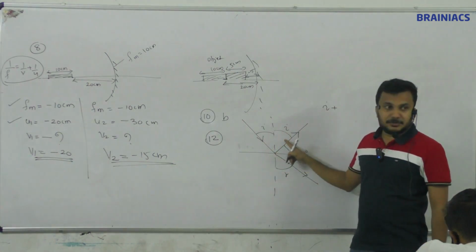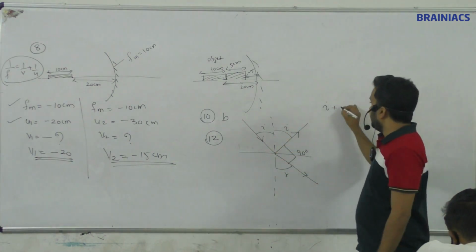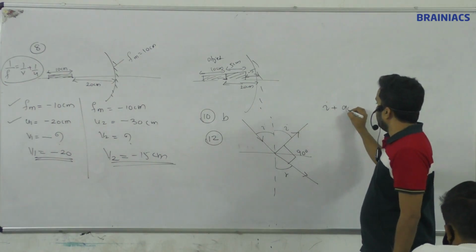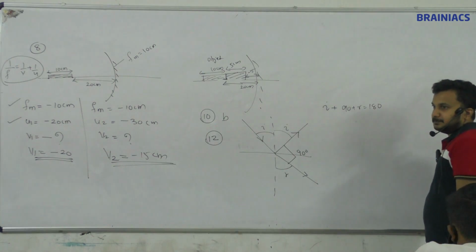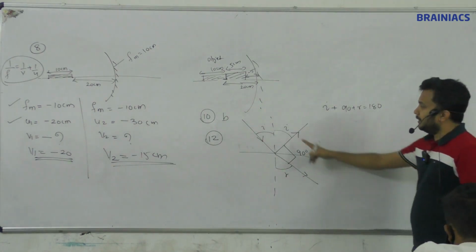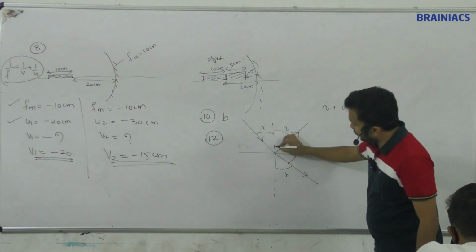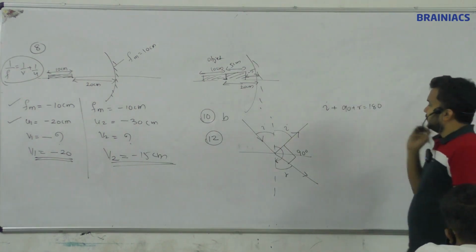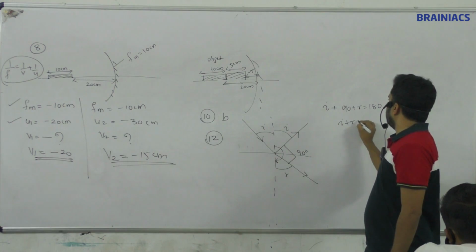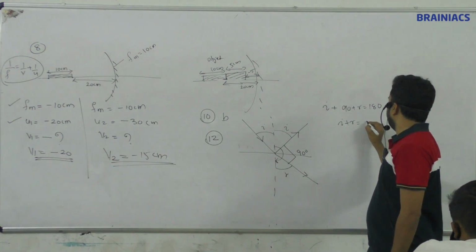So I plus 90 plus R equal to 180. This total is 180 degrees. So I can write I plus R equal to how much?